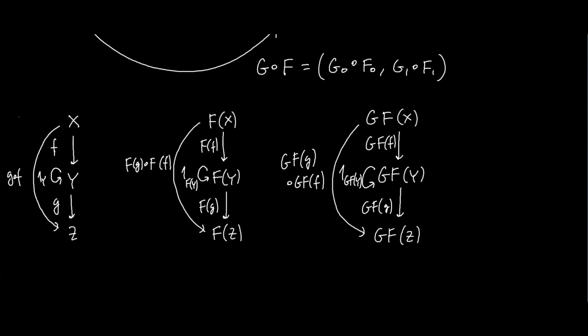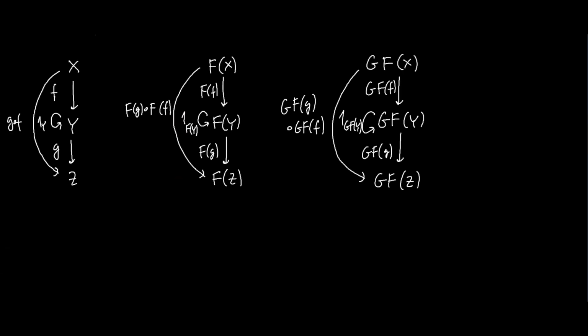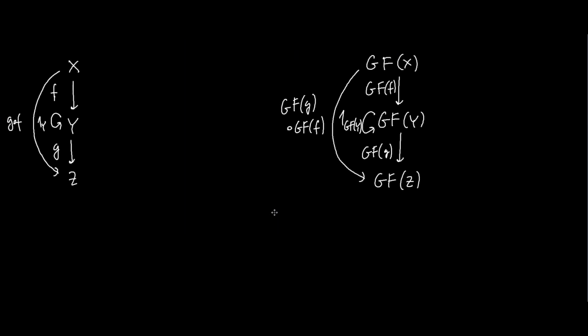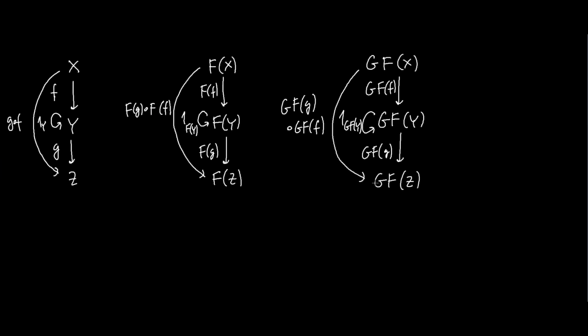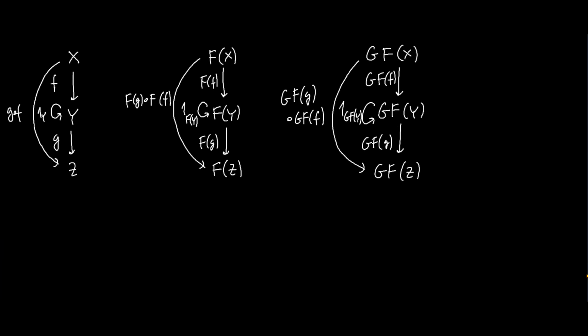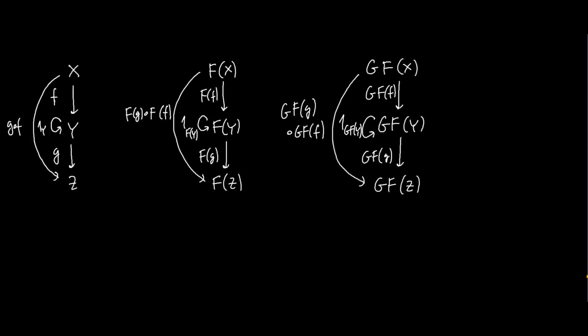But now if I combine the pictures together, and I look at this picture together with that, and I take off the middle part, then I will get a picture that tells me that g composed with f is a functor. Okay? All right. Now let's write all of this out algebraically so that we are sure that we're not making any hocus pocus here.